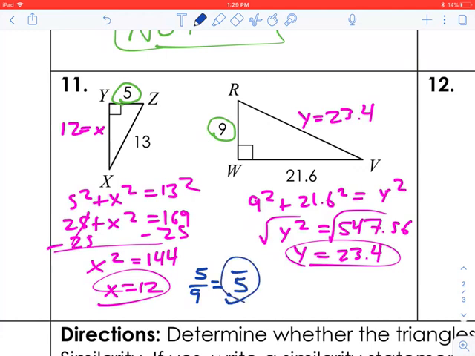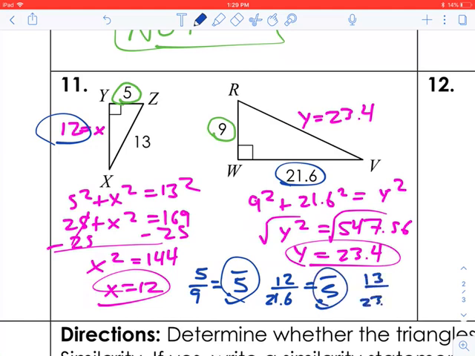Okay? And so the next biggest one would be 12 and 21.6. So 12 over 21.6 is 0.5 repeating. Okay? And then the last one, 13 over 23.4. 13 over 23.4 is also 0.5 repeating.